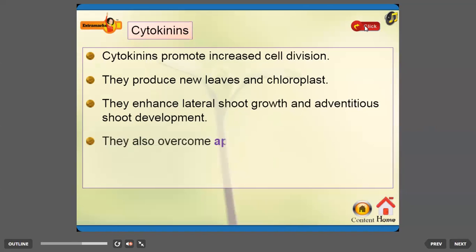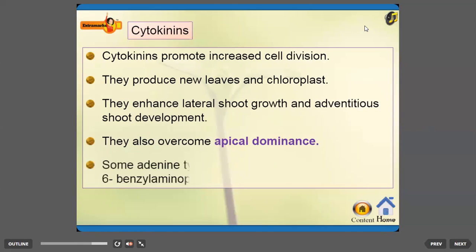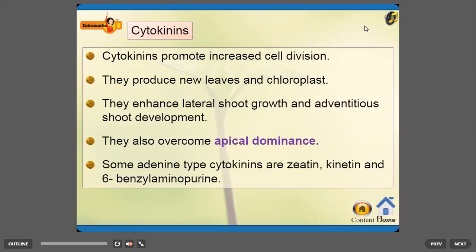They also overcome apical dominance. Some adenine-type cytokinins are zeatin, kinetin, and 6-benzylaminopurine. So these are the cytokinins that we need to remember.